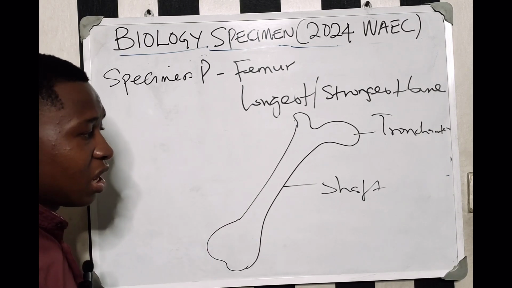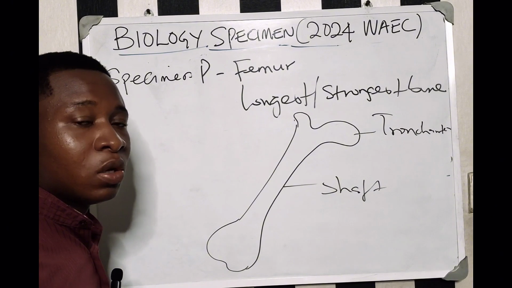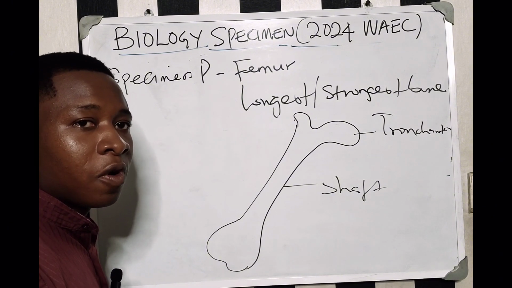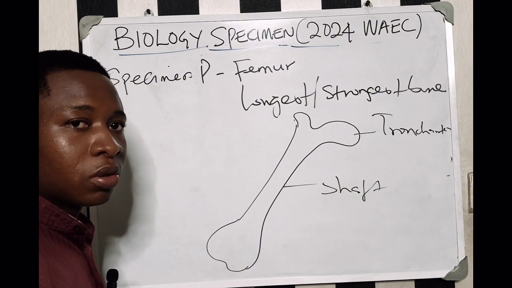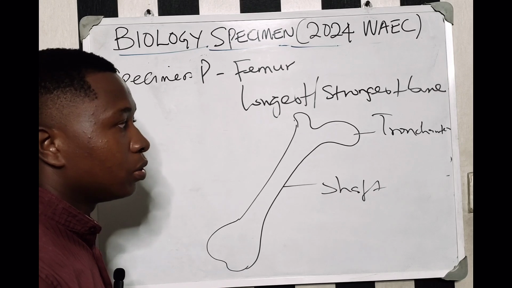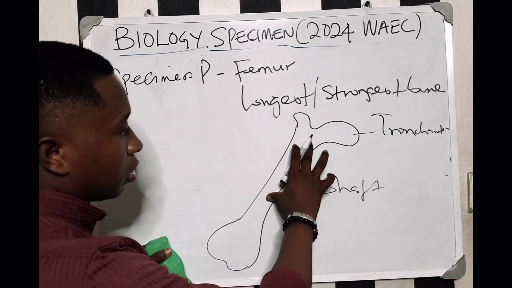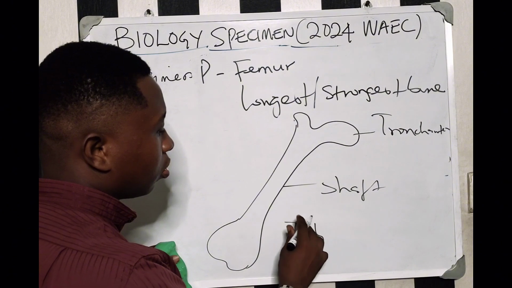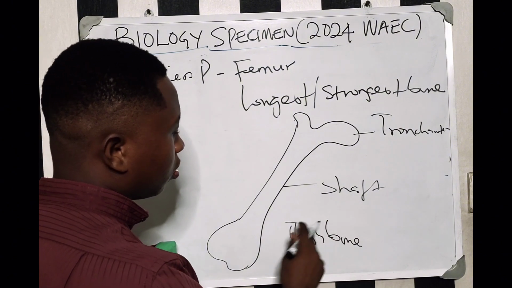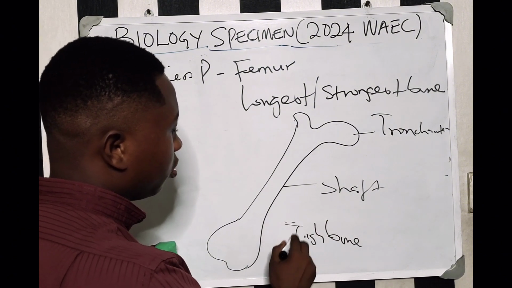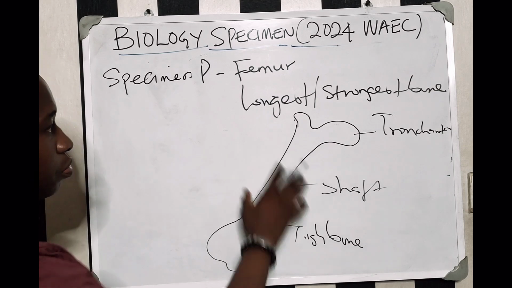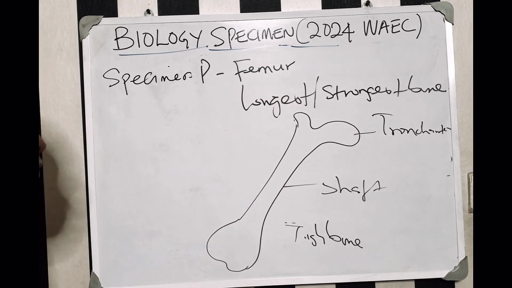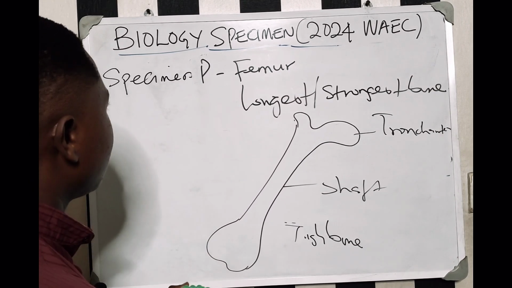It is found at the lower part of the body. It is the thigh bone. So that's that about the femur. So that is specimen P.